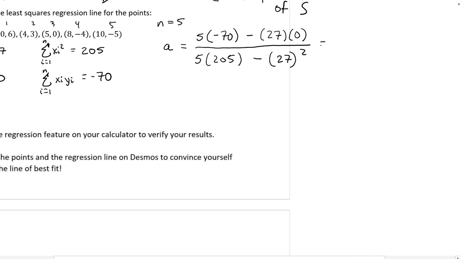Please use a calculator. Don't try to do that by hand unless you really, really want to. I got negative 175 over 148.